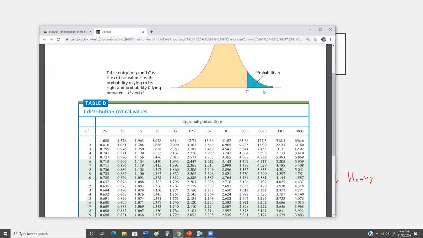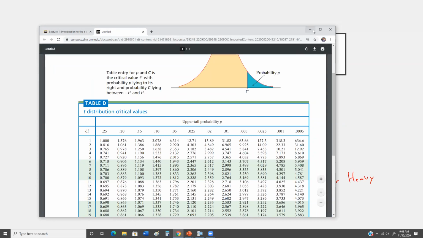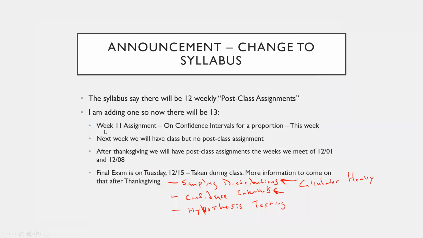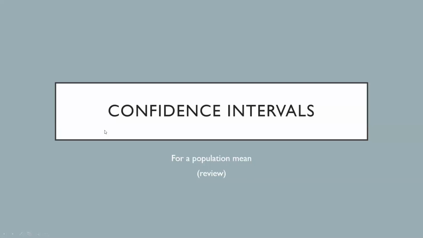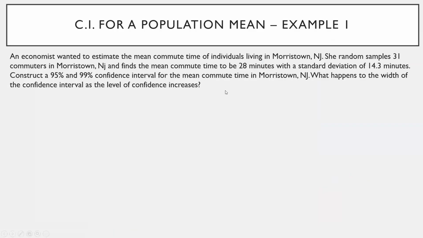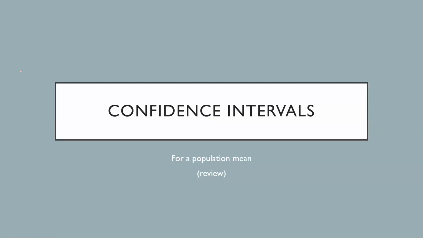And then I'm going to show you another example with your calculator. Okay. So just a quick review. Confidence intervals for a population mean. Just real quick, what exactly is a confidence interval?